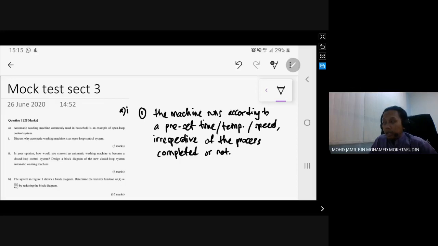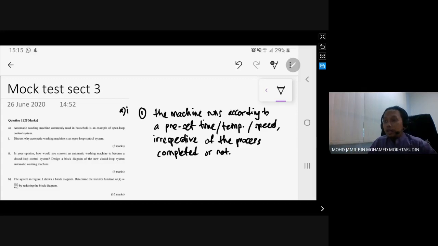Okay, let's say you said to wash the clothes for 1 hour, so it will run until 1 hour. Sometimes if you stop and you continue, then it will continue the time that is left. For example, if you stop at 30 minutes, then it will continue the remaining 30 minutes.